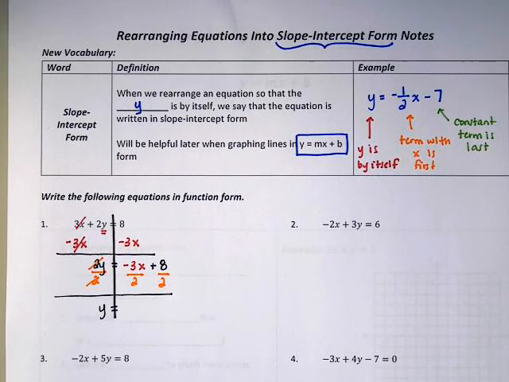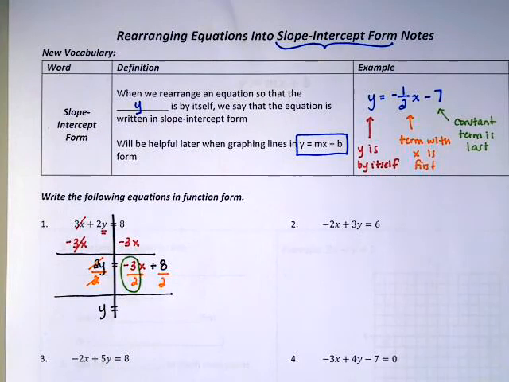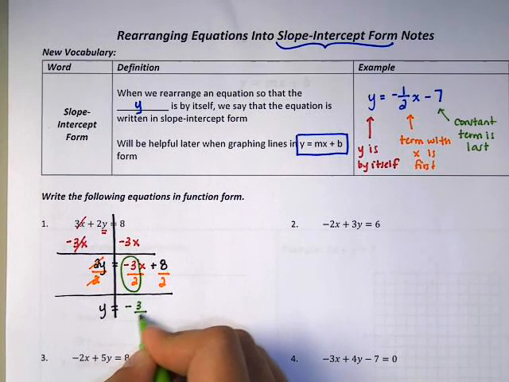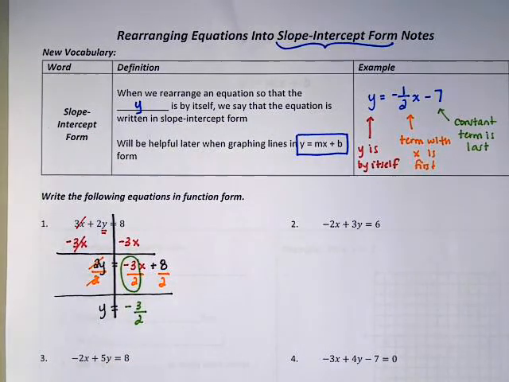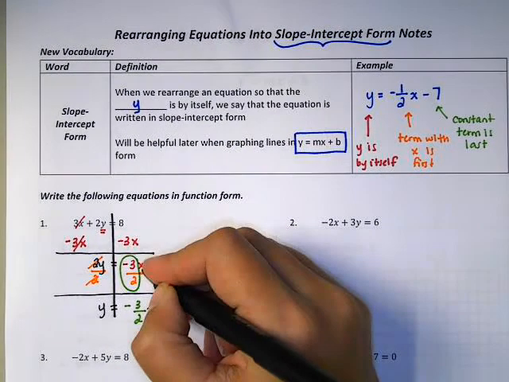On the right-hand side, I would ask myself, hey, does negative 3 over 2 simplify nicely? And the answer is no. Negative 3 does not divide nicely by 2. I would get a decimal. So I'm just going to leave that as negative 3 over 2 and then drop down the x. So this just drops down.